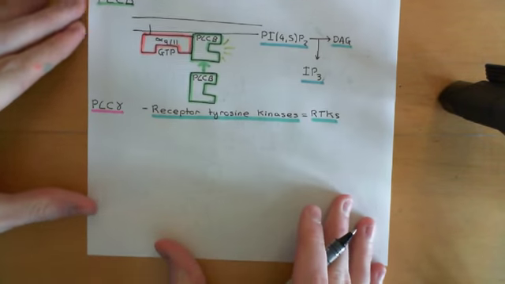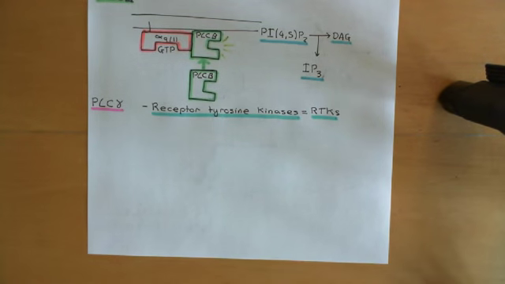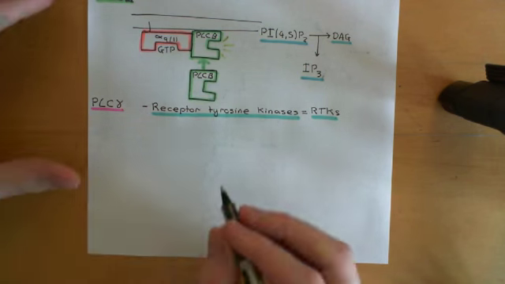Right, so let's have a look at the structure of a receptor tyrosine kinase, but before I do that, I want to give you the sort of archetypal example of a receptor tyrosine kinase, which you can be thinking of in the back of your head.